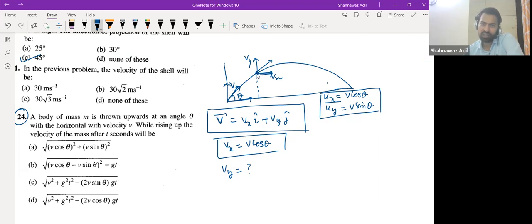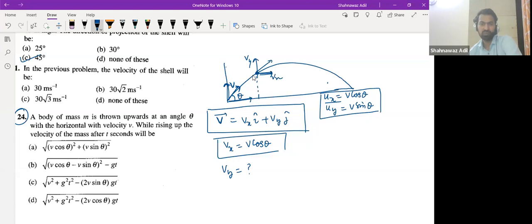At this point, we have reached here. So is velocity increasing or decreasing? Velocity is decreasing, right? So you are saying that it will have the same velocity as this one. Do we have any acceleration in the y direction?